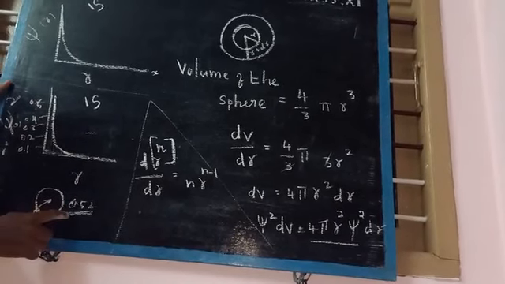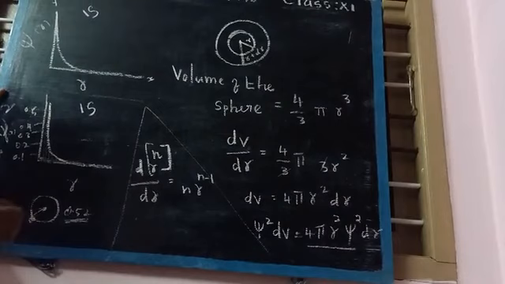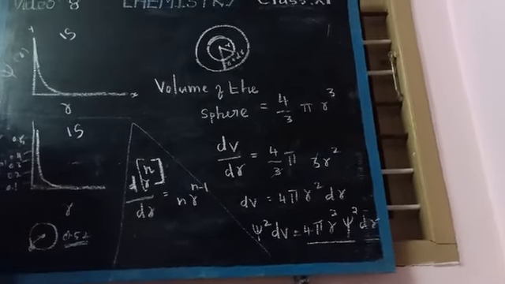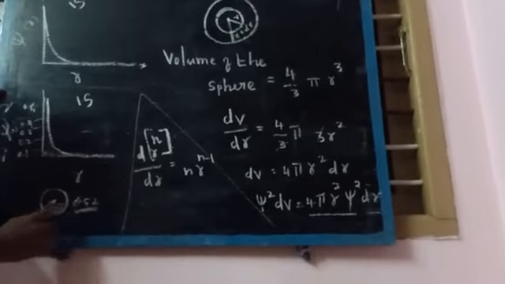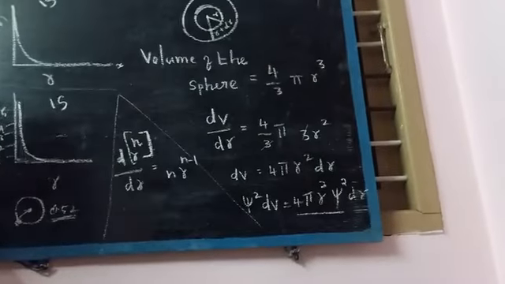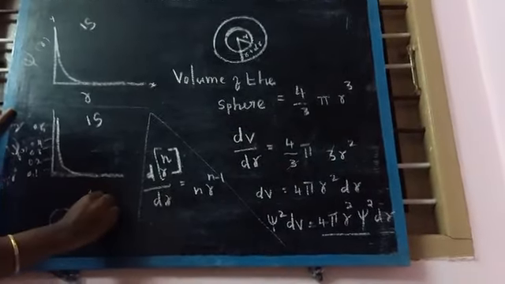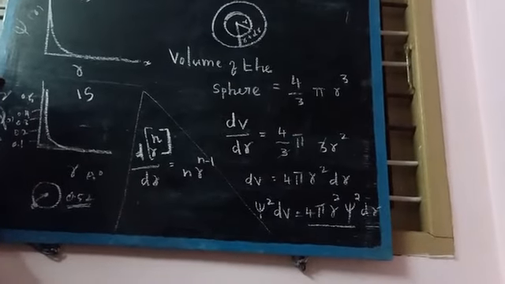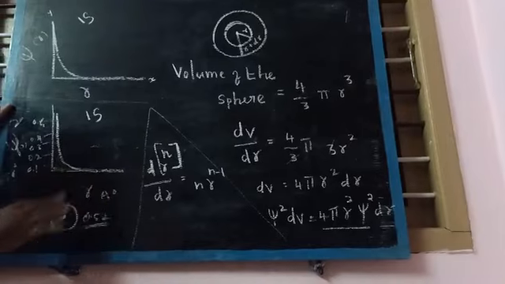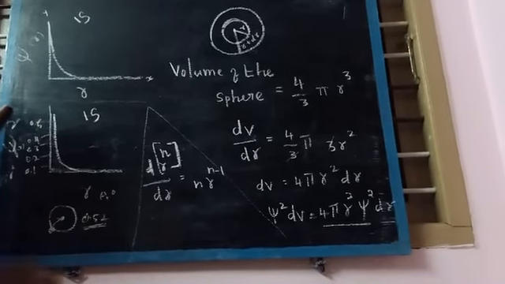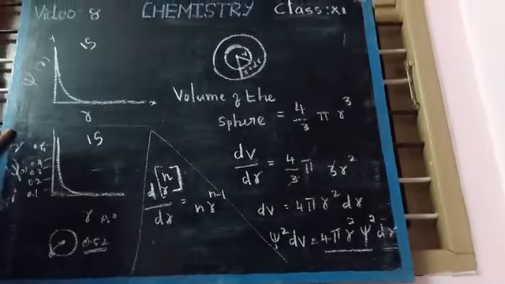This value is equal to the Bohr radius, which we already studied in the Bohr theory. The radius of the 1s orbital is 0.52 angstrom. The unit here is angstrom; nanometer is also used, but here we use angstrom. Are you clear, children?